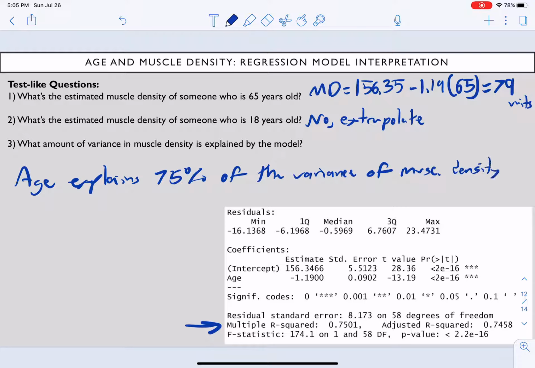Very cool, right? So that's the whole idea here, is that we're trying to see how good our model is at explaining the overall variance of our outcome. In this case, it is muscle density. And if we were to add in another variable, which we're not doing in this class, that's multiple regression, likely that is going to tell more of the story, which is sweet. I think that's very cool that we can do that.